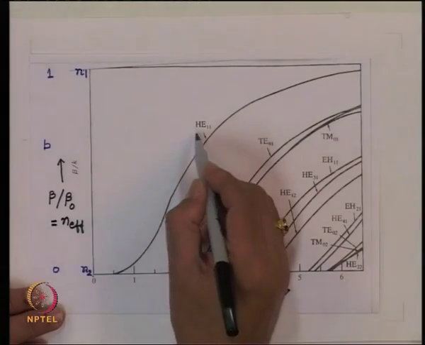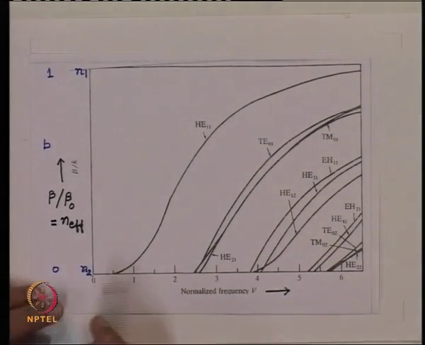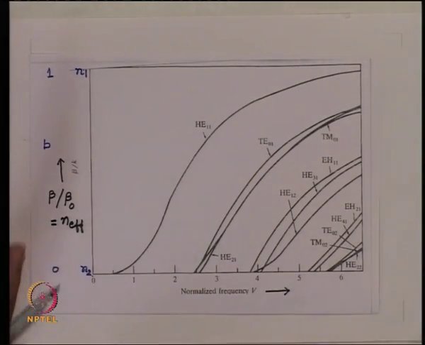Only the ray which was going along the axis of the optical fiber was independent of all these quantities. So even if I take the size of the optical fiber very small, one ray which goes along the axis of the optical fiber will always go. So this mode, HE11 mode, is the mode which corresponds to the ray which travels along the axis of the optical fiber.